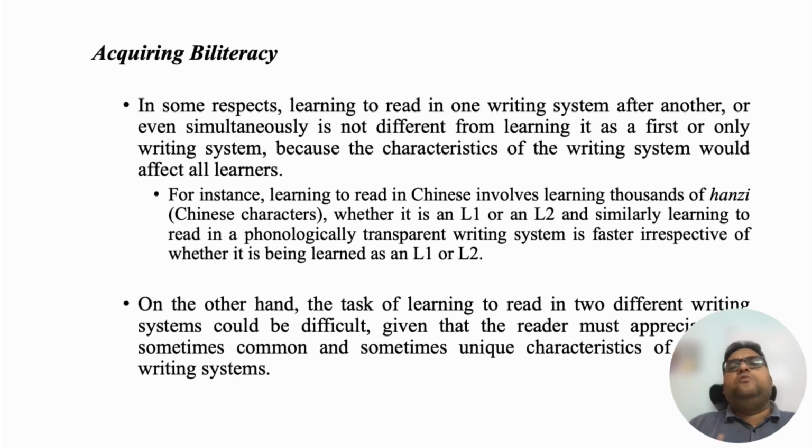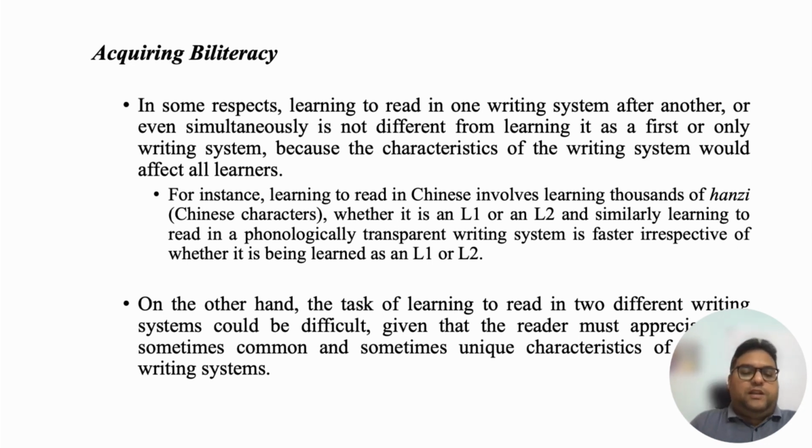Now, how do individuals acquire the ability to read and write in two languages? In some respects, learning to read in one writing system after another, or even simultaneously, is not really different from learning it as a first or only writing system. For example, if somebody begins to read and write in English, they would follow the same conventions as somebody doing it for their first language.